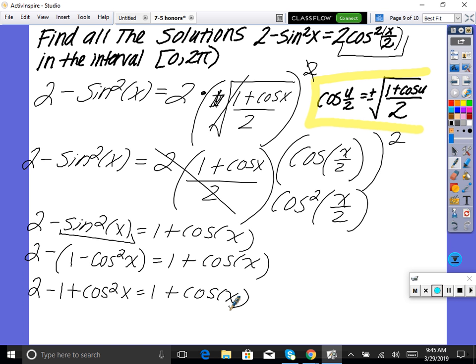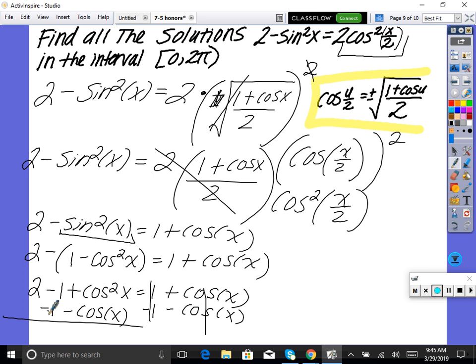So now everybody, what you're going to do is get it set equal to 0, aren't you? Isn't that how we solve these? If you have squareds and 1s, we're solving by factoring. So we need to get it set equal to 0. So I'm going to subtract 1, subtract cosine of x. Subtract 1, subtract cosine of x. So now that's 0. So right here, what's left?